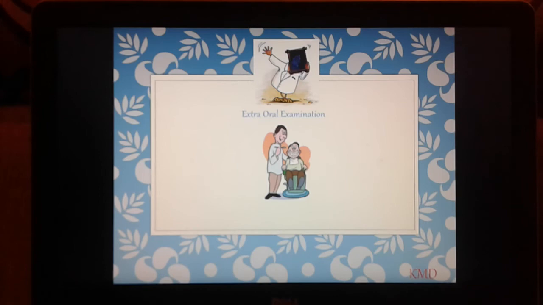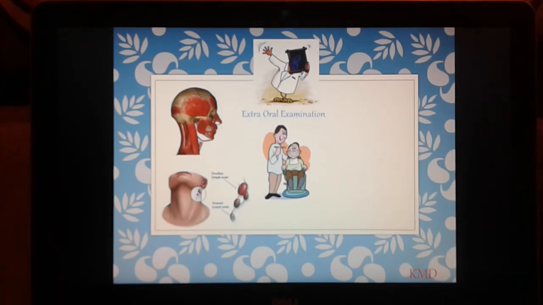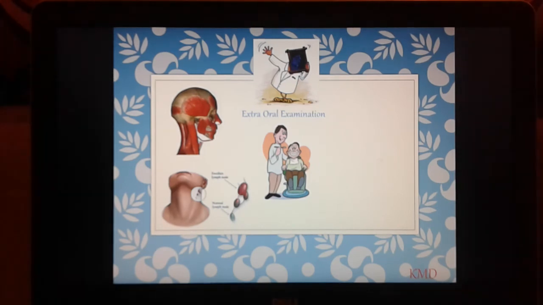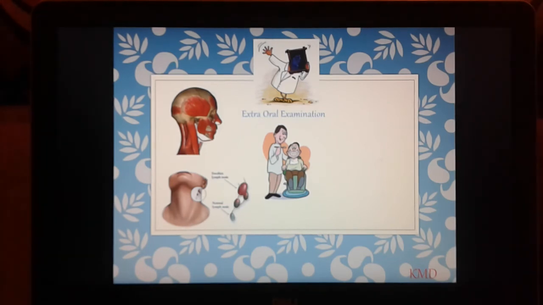We also have to note whether there is any unusual pigmentation or edema, or any rise in the temperature. The facial symmetry has to be noted in the extraoral examination, whether it is bilaterally symmetrical or if there is an obvious asymmetry on one side.